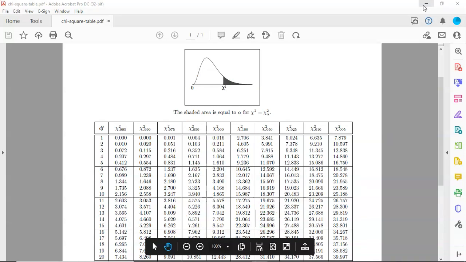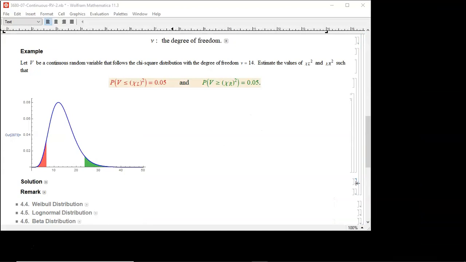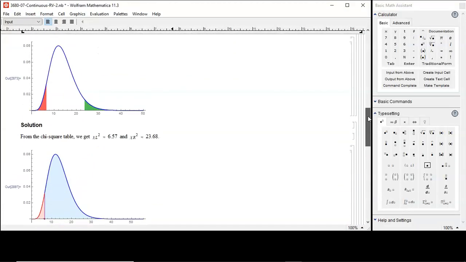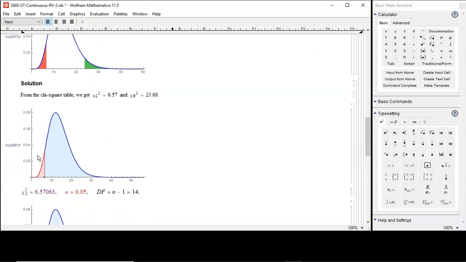All right, let's go back to my Mathematica notebook. The solution, yeah, this part 5% and that part 95%, that corresponds to 6.571. Here I did a little bit more accurately using Mathematica, 6.57063.